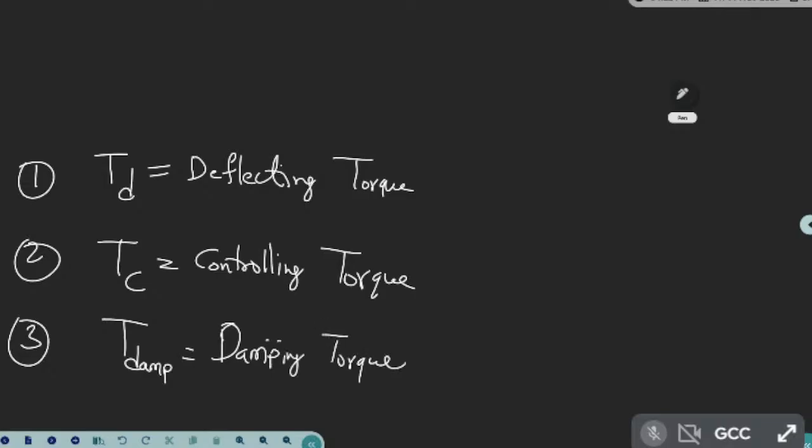If you are able to understand these three torques, then we can design any electrical measuring instrument. We will implement these three torques in those instruments.